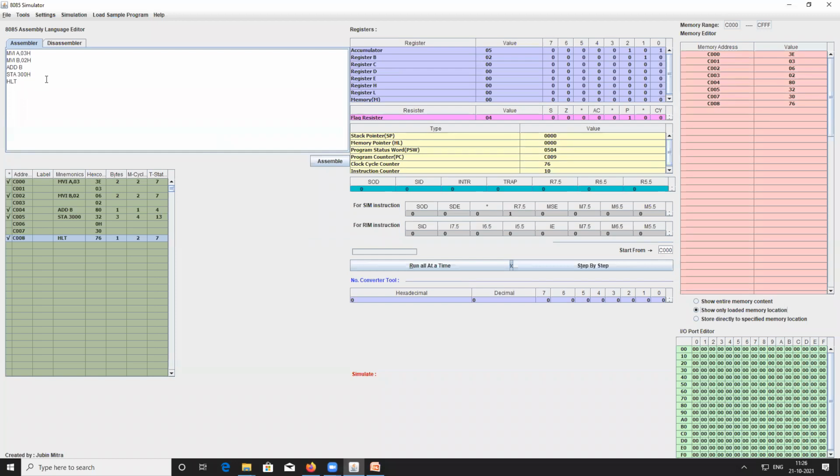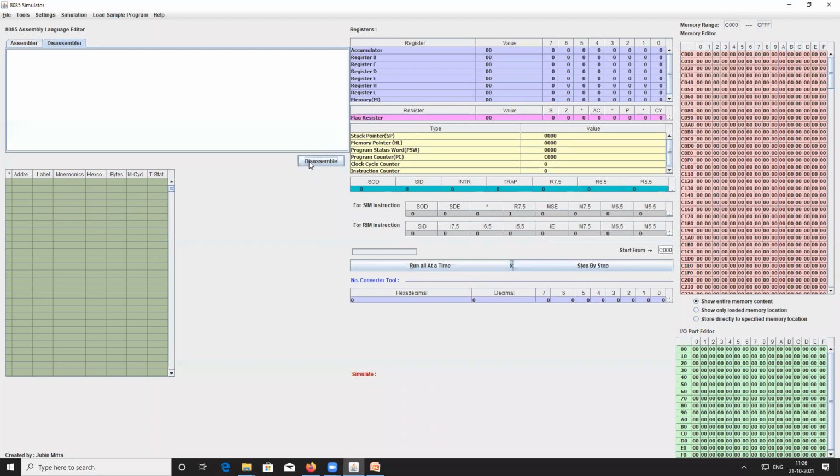Here I'm writing 300H. That's where the location is now. Here 300H is there.